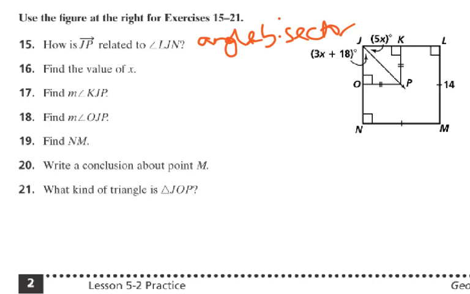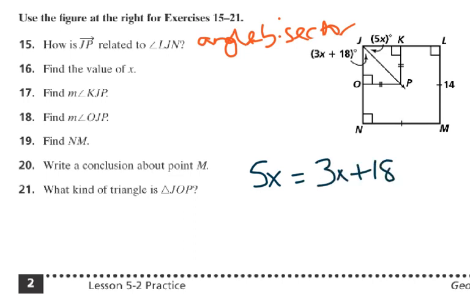And because it's an angle bisector, of course bisect means to break into two equal parts, then these two expressions are equal because these two angles are equal. So we're going to set that up and solve. So we have 5x equals 3x plus 18.